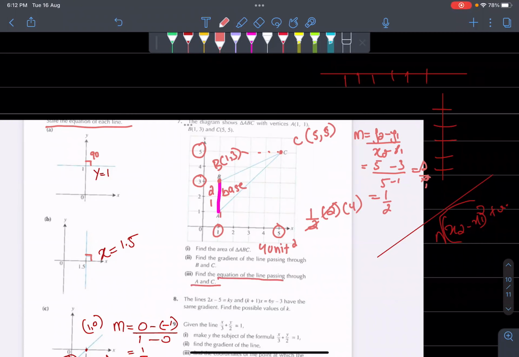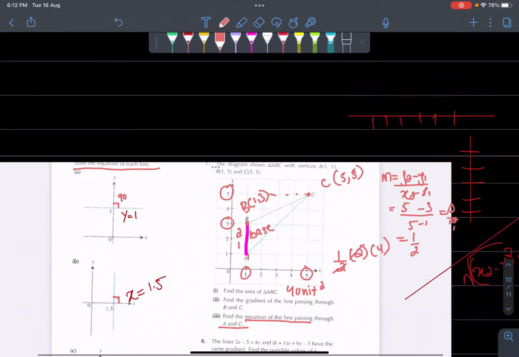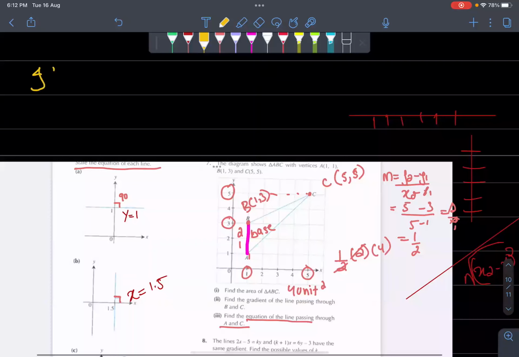Again, for equation of straight line, we need gradient and one coordinate. Gradient we do not have. So we need 2 coordinates for that. Now I'll teach you another concept, how to figure out gradient. There is one very easy way to find gradient. Shortcut for gradient. This is question 7, part 3.